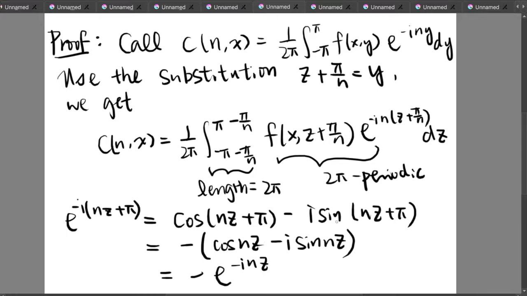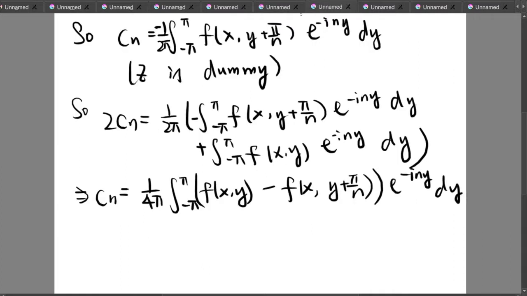Therefore it is equal to negative of (cosine nz minus i sine nz), which is the negative of e to the inz. And we can replace z by y because z is only a dummy variable.